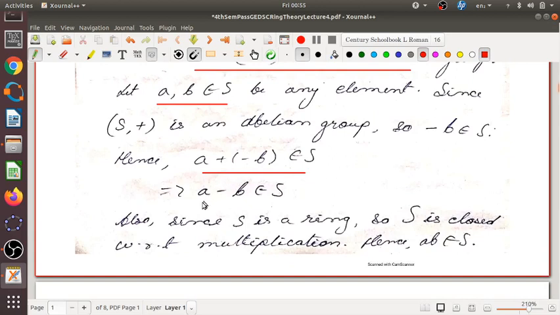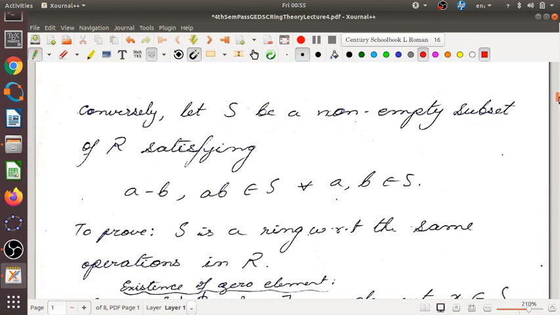Okay, so A minus B is in S. Also since S is a ring, S is closed with respect to multiplication as well. Okay, so AB belongs to S. So given any elements A and B in S, we have A minus B in S and AB in S. Okay, so this part is quite obvious.